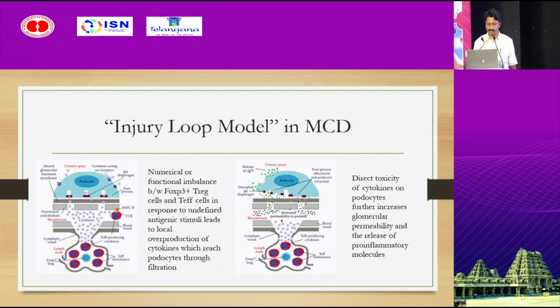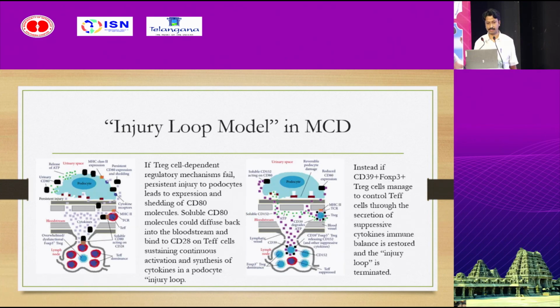And the podocytes then start acting like antigen presenting cells, and if the T regulatory cell mediated regulatory mechanisms fail, they start expressing and shedding CD80, and the soluble CD80 diffuses back into the bloodstream and binds to CD28 on the T effector cells, thereby leading to continuous activation of the immune system and synthesis of cytokines in a podocyte injury loop.